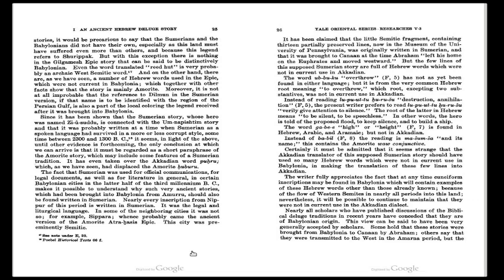Moreover, it is not at all improbable that reference to the dolmen in the Sumerian version, if that name is to be identified with the region of the Persian Gulf, is also a part of the local colouring of the legend received.